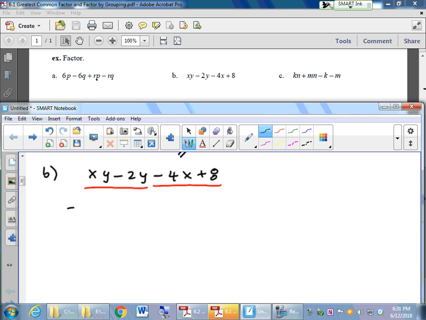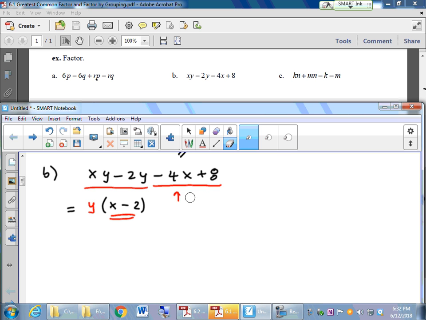For the first two terms, the greatest common factor is y, so this leaves x minus 2. From the second two terms, I will factor out the greatest common factor, negative 4, because only if you factor out the negative 4, this term will become positive and this term will become negative, and that's what we want right here.